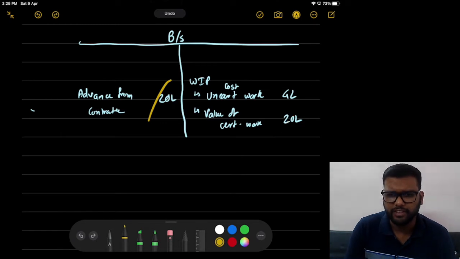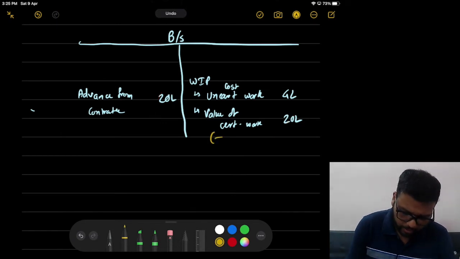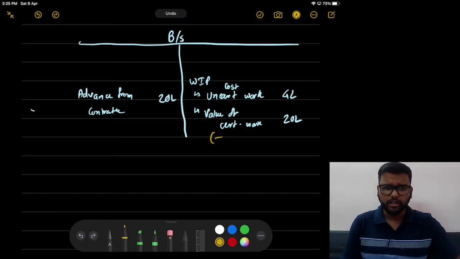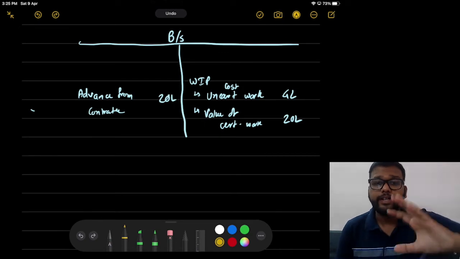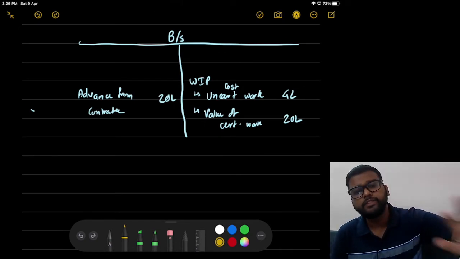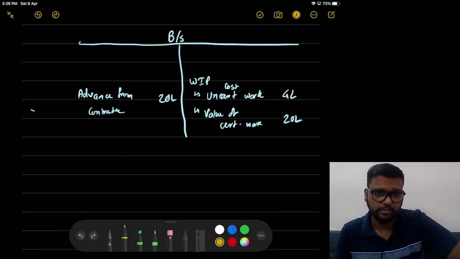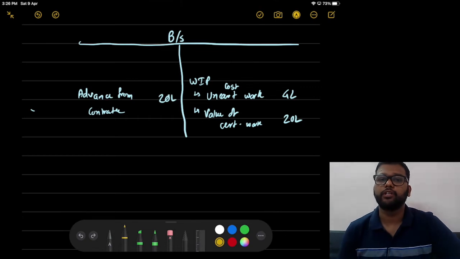Or we can subtract it from here also: minus advance from contractee 20 lakhs. So 0. But we will show it separately till the time the contract ends. Once the contract ends, we'll transfer it to contractee's account and close everything. Clear? Yes. Okay, good.